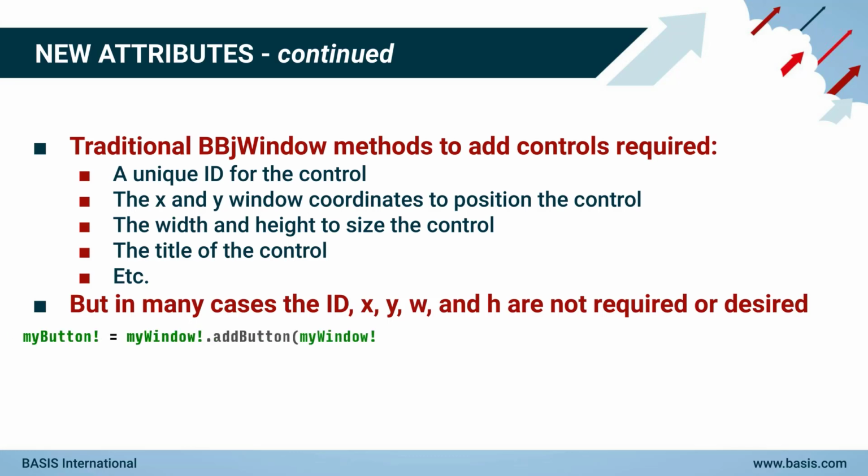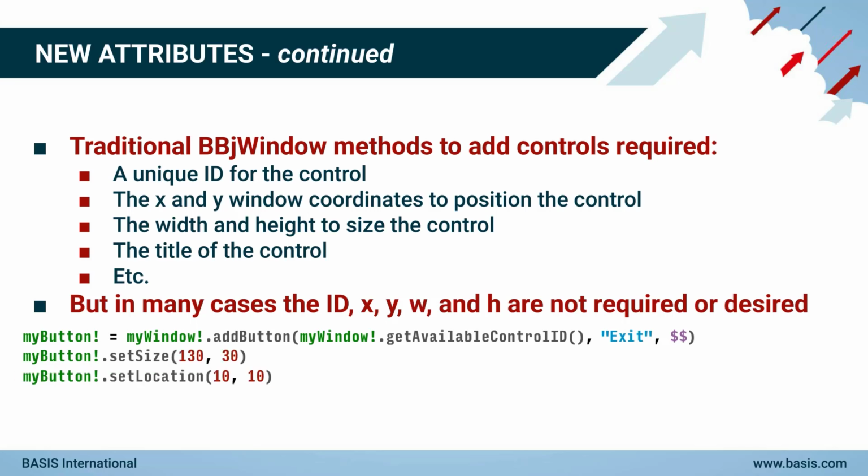Since we can now control the size and position of the controls via CSS on their containing window, it's not technically necessary to provide the X, Y, width, and height parameters, as they're ignored in that scenario. Besides, the language already supports sizing and positioning controls via the setSize and setLocation methods. So simplified creation methods apply to all clients and follow the pattern that other languages like Java employ.